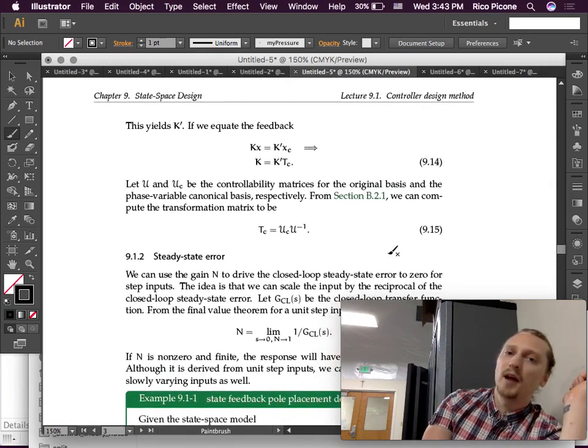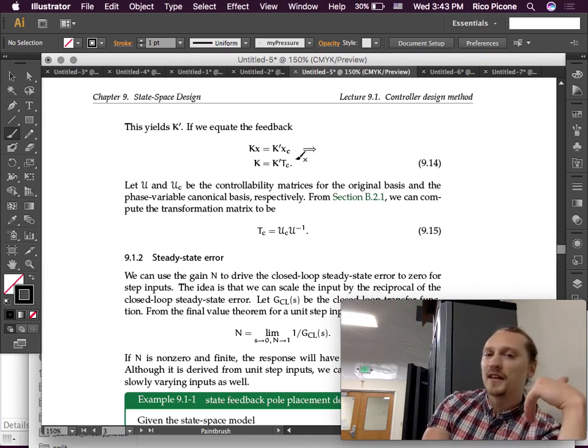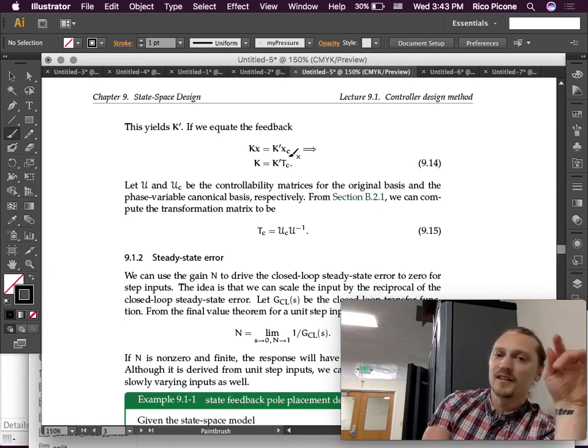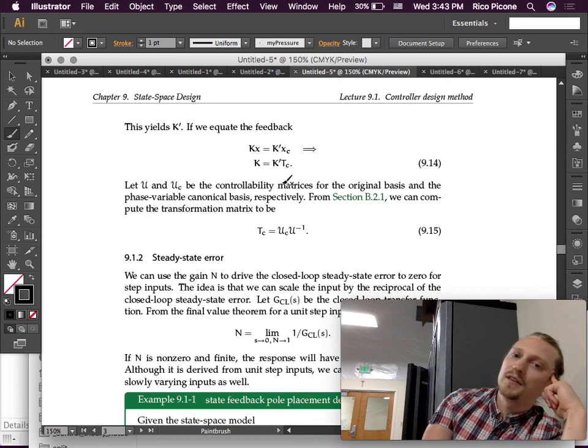This yields K prime. If we equate the feedback, then we know that Kx has to equal K prime x_C. Those are both the feedbacks, so they have to be the same, and therefore we can solve for K, which is just K prime T_C.